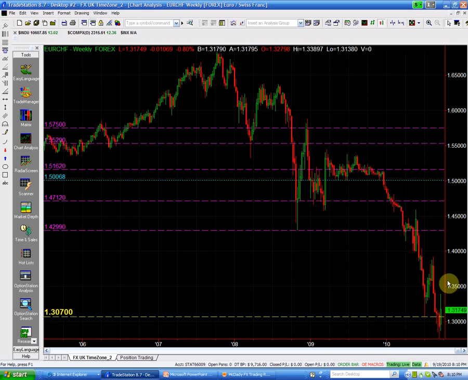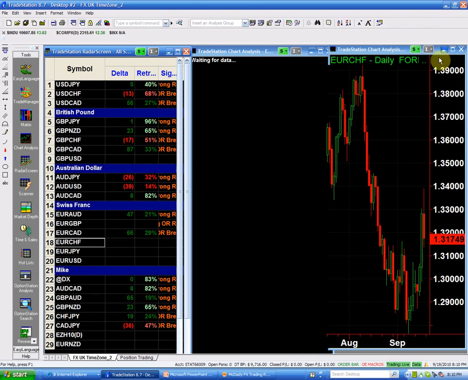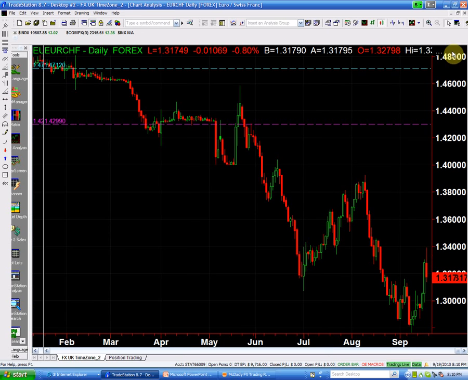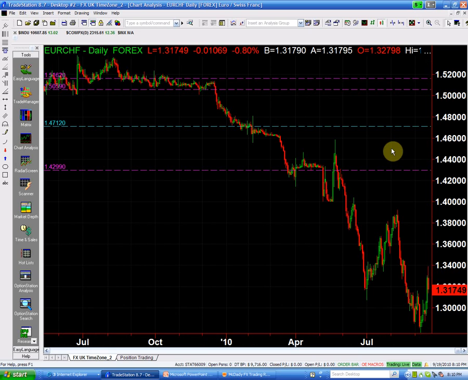Okay, and we need now to see how we are going to trade it on the daily chart. So we have no reason right this moment to actually short the Euro Swiss.